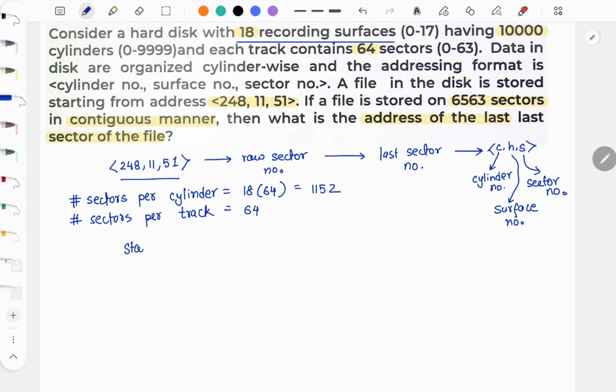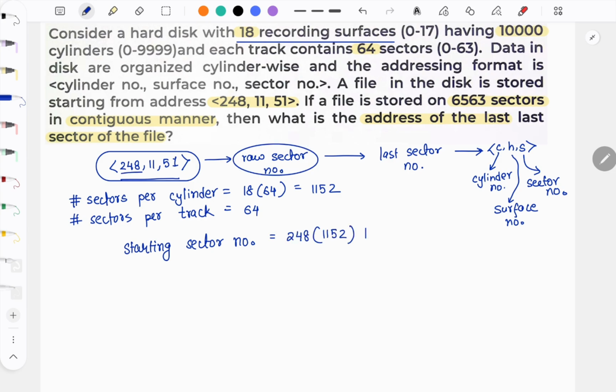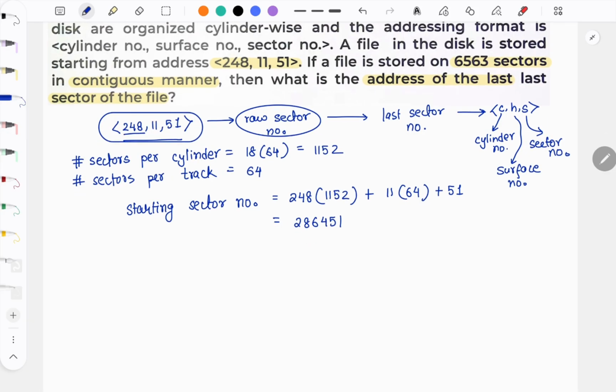Now for the starting sector number, we'll use the address format given in the question to decode this into the raw sector number. So we'll use 248, multiply it with 1152, then we have 11, multiply it with 64, and keep 51 as it is. We'll be getting 286451.